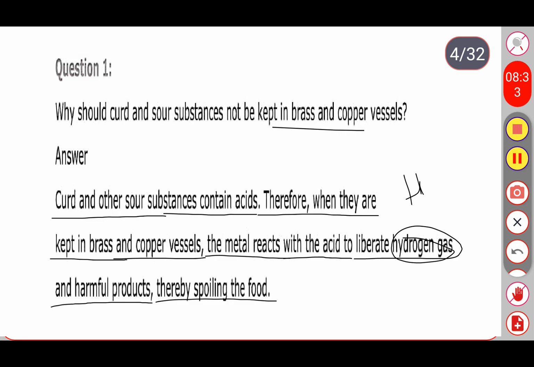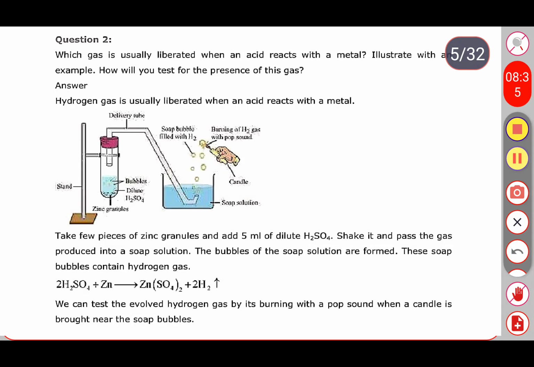Okay, see the next question. Which gas is usually liberated when an acid reacts with a metal? Illustrate with an example. How will you test for the presence of this gas?